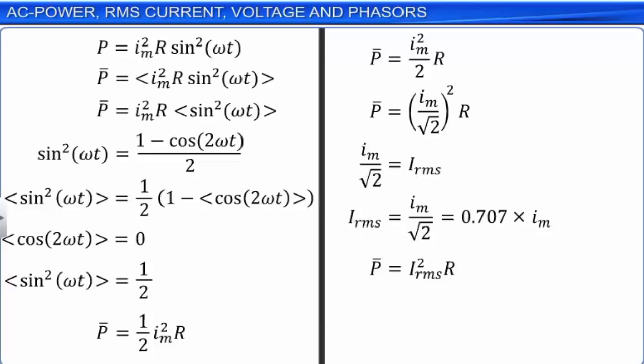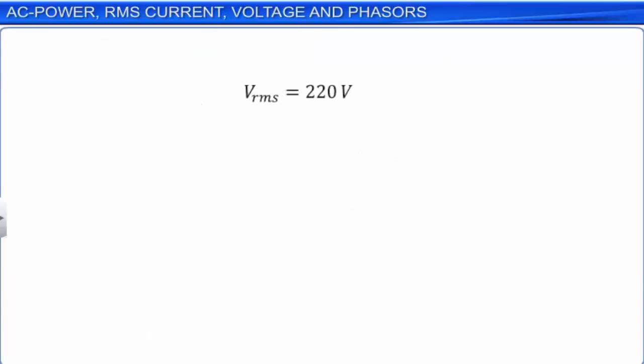Similarly, we can denote the RMS voltage or effective voltage, VRMS, as Vm by √2, where Vm is the amplitude of the AC voltage. The value of voltage normally used to describe an AC voltage is an RMS voltage. For example, domestic supply has 220 volts AC.